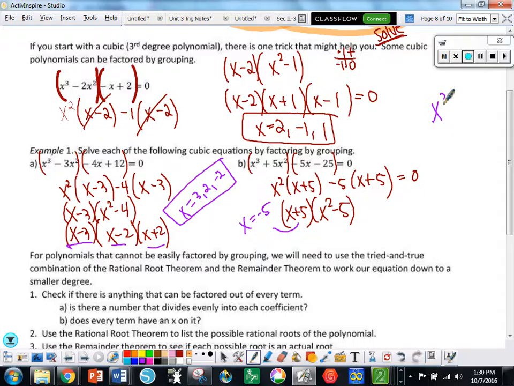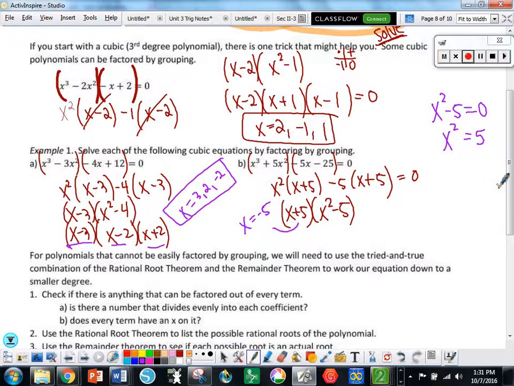x squared minus 5 equals 0. We can still set it equal to 0. You could plug it into the quadratic formula. If it had a middle term, I definitely would plug it into the quadratic formula. So let's add 5 over. So x squared equals 5. And then how do you cancel a squared?